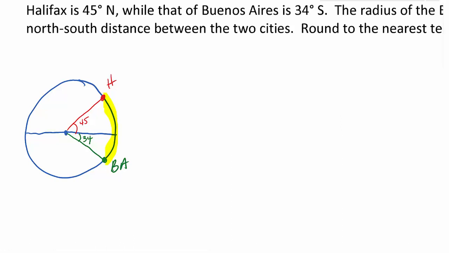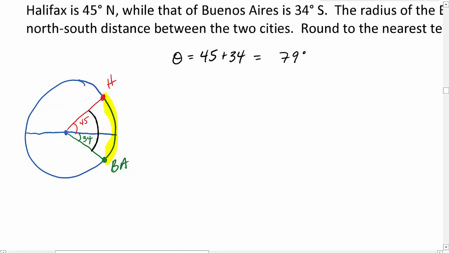So that means this whole thing is going to be our central angle theta. So theta is going to be equal to 45 plus 34. It's going to be equal to 79 degrees.